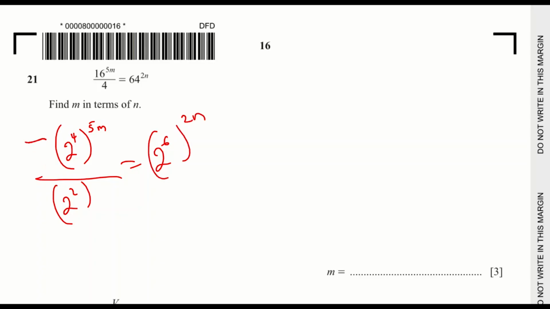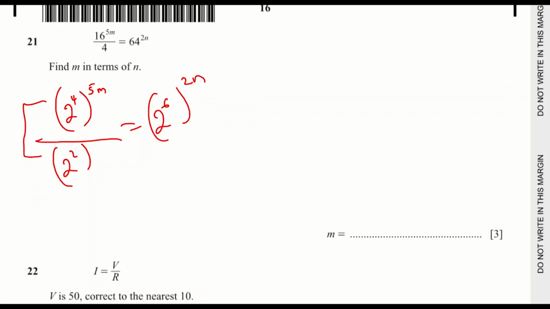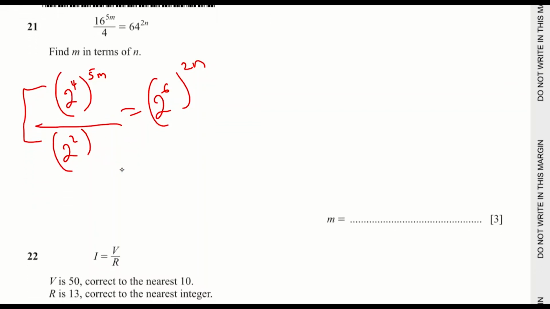I can use the division of indices to combine these two together, but before then, let me clean this up. I can multiply the powers here. So it implies 2 to the power of 4 times 5m, that will be 20m, over 2 to the power of 2, equals, similarly, I can multiply out the powers here, 6 by 2n, that will be 2 to the power of 12n.